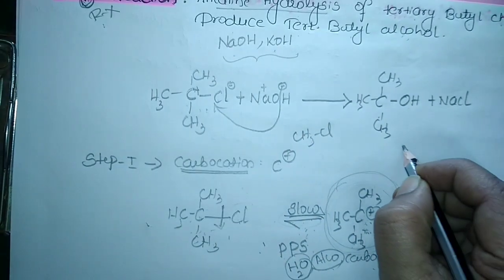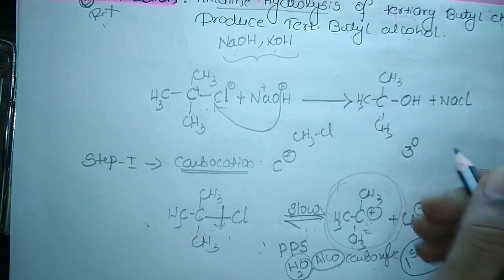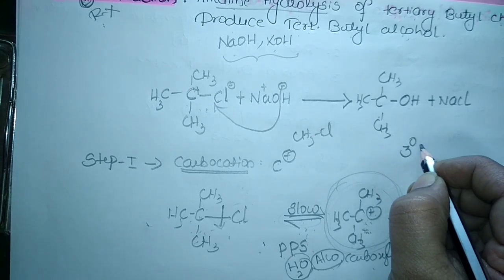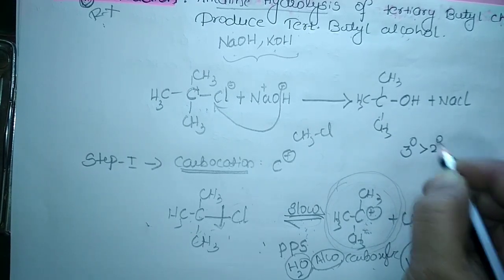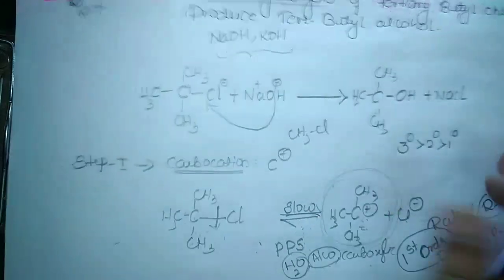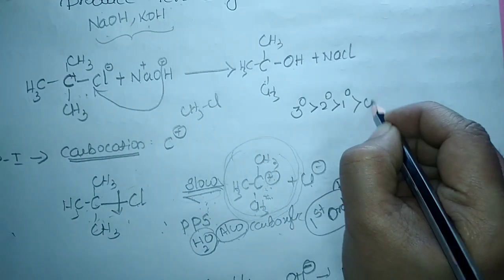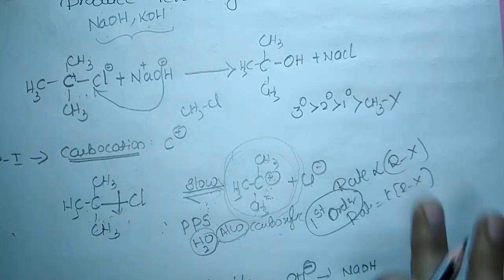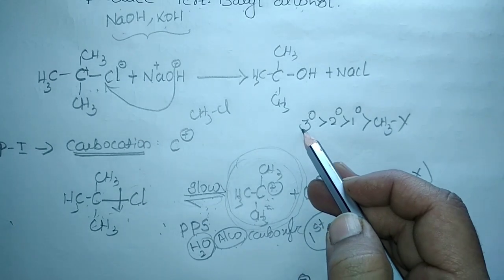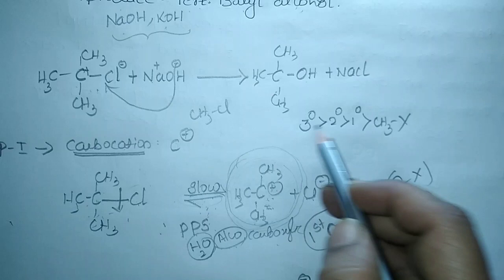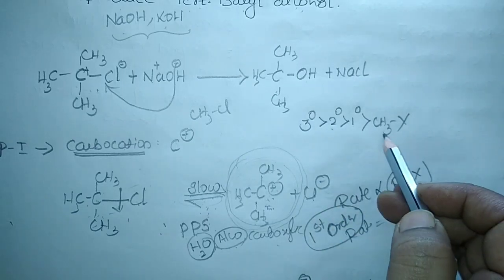So the order of reactivity is that tertiary will react very easily for the SN1, followed by secondary, followed by primary, and then methyl halide.